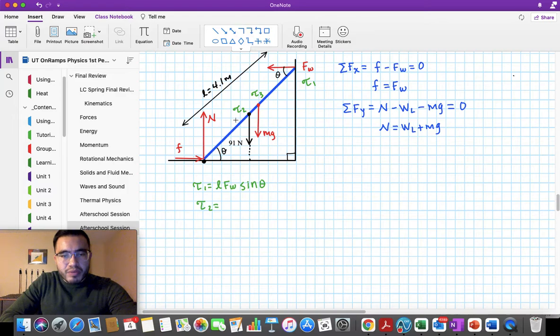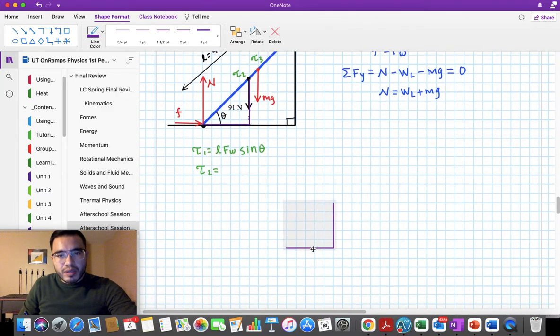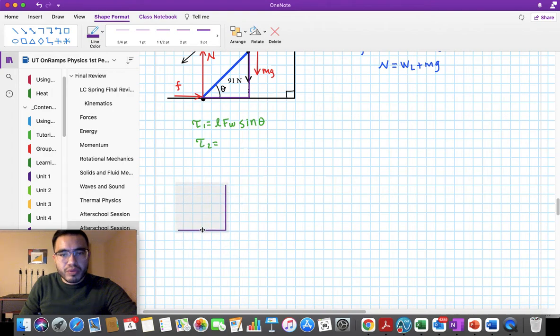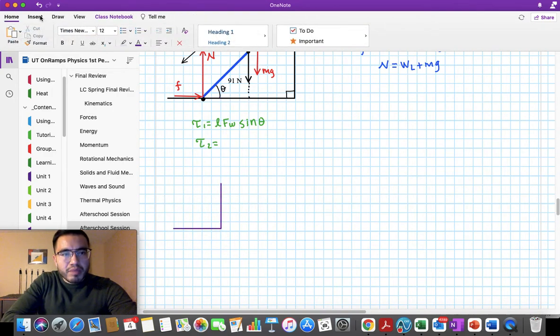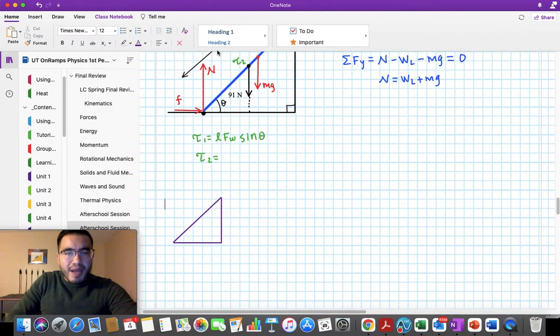I know what we're going to use. We're going to draw our triangle. Super nice. There you go. So this is for torque number 2. I'm going to complete the triangle. And then my hypotenuse is half the ladder.